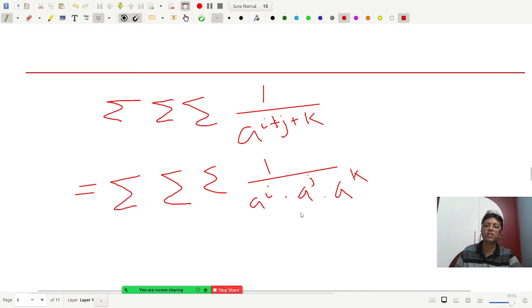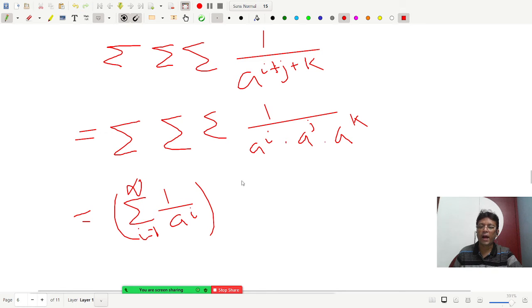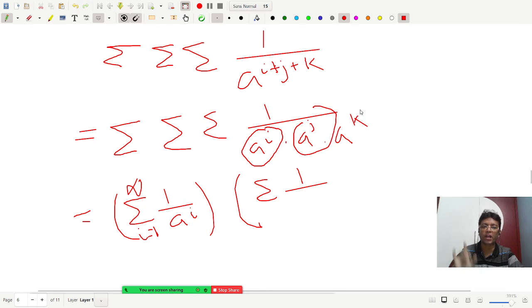Now I will take 3 separate summations because you have a product: the sum over i has its power over i, the sum over j its power over j, and the sum over k its power over k. So you can take these summations separately.